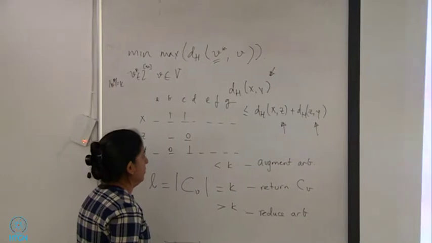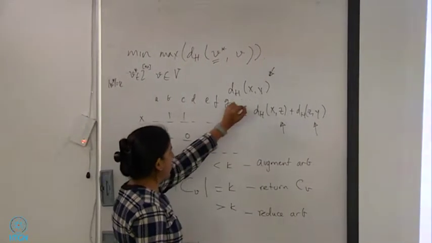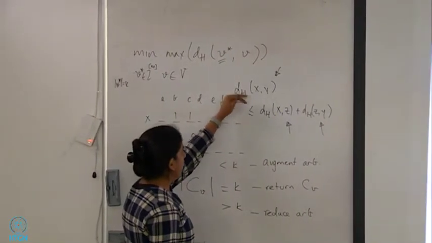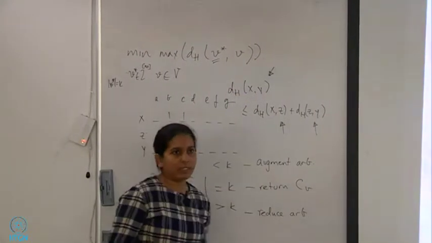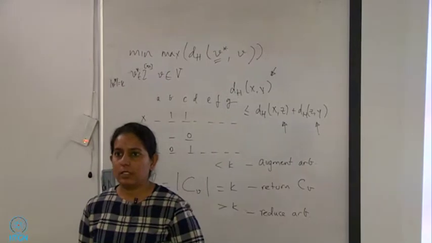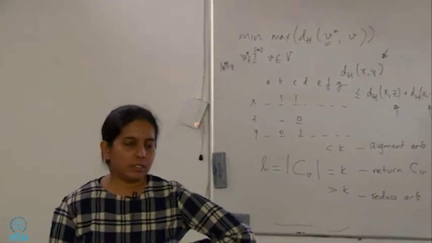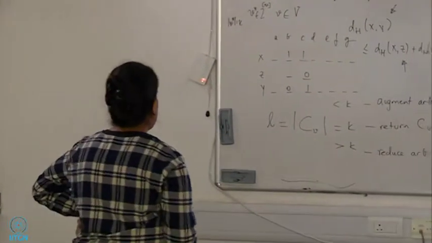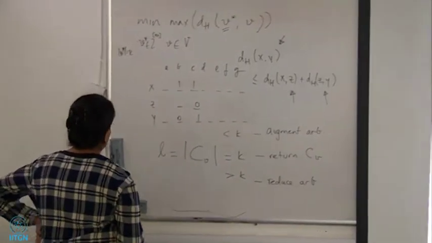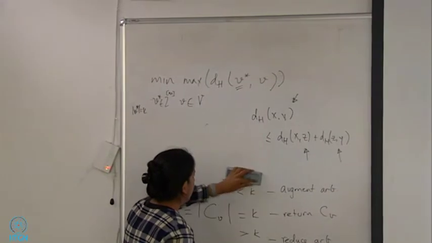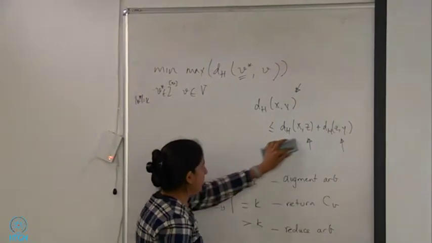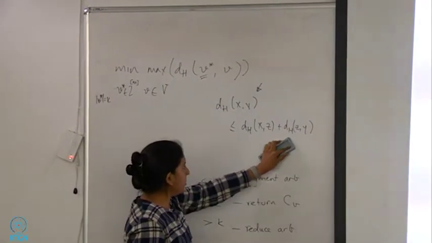But the burden of proof is only showing that everything that contributes here has a contribution on the right hand side as well. So keeping this in mind, just think about how you would show the 3 approximation. It's not very hard.